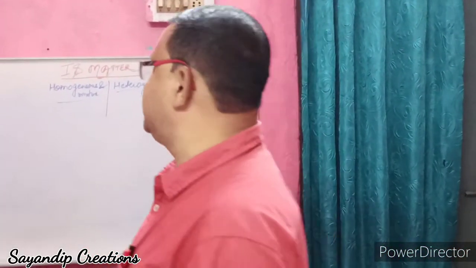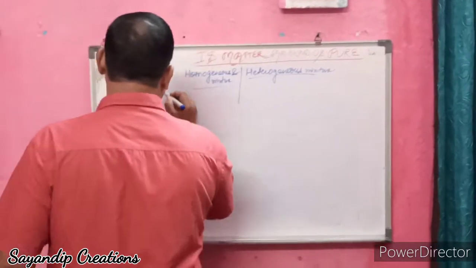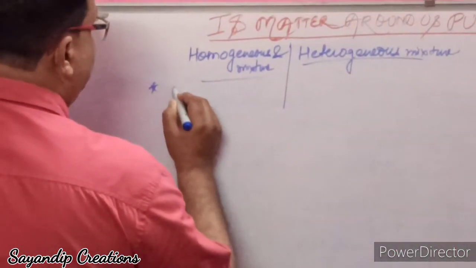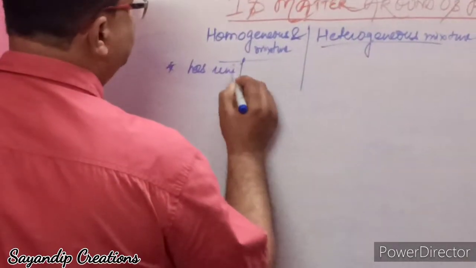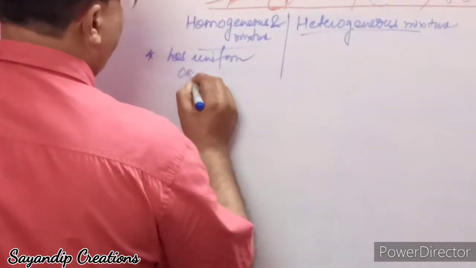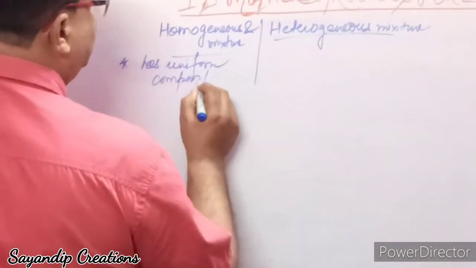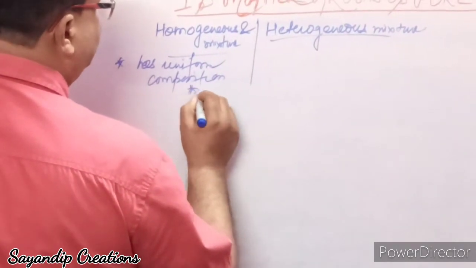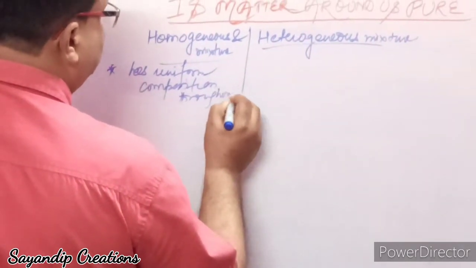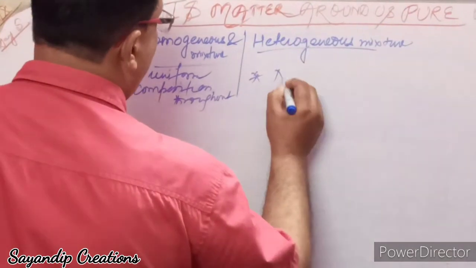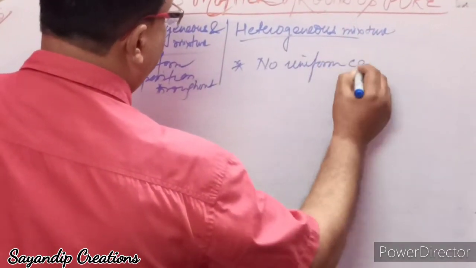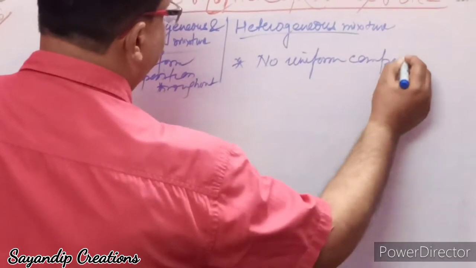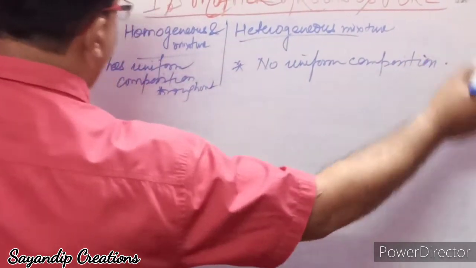So let us write some properties to distinguish them. First, homogeneous has uniform composition throughout. Heterogeneous has no uniform composition.